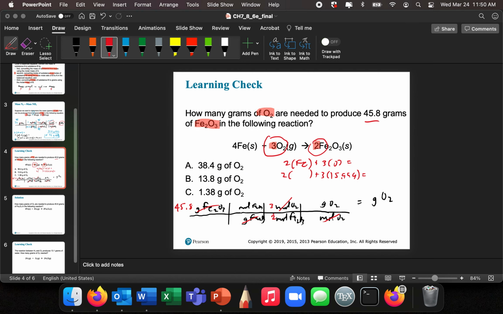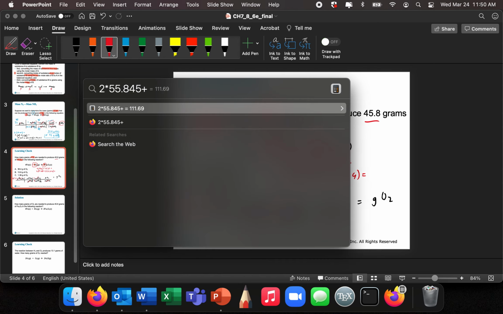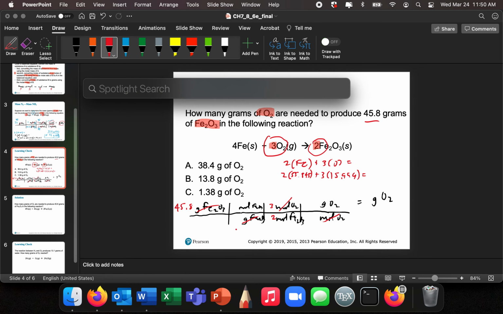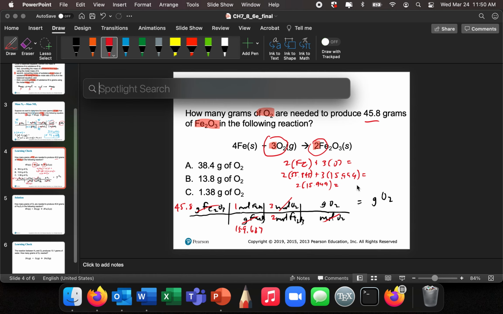Iron is 55.845. 2 times 55.845 plus 3 times 15.999 is equal to 159.687 per mole, right? And oxygen's 2 times 15.999 is about 32, 31.998, should have known that.